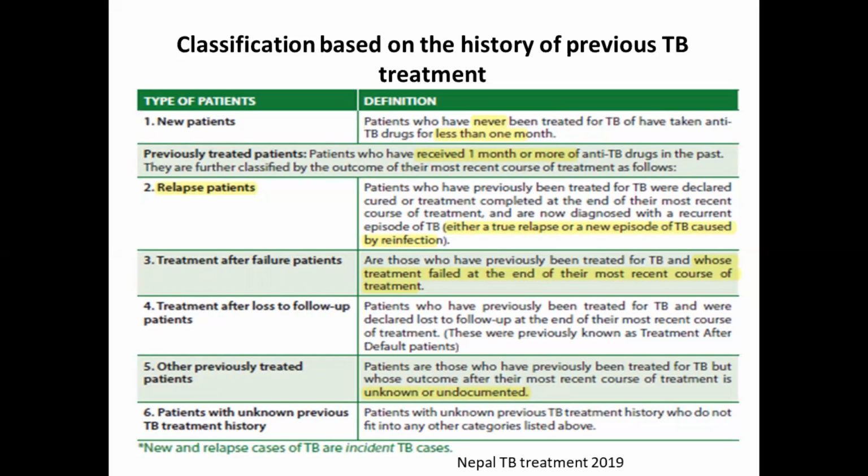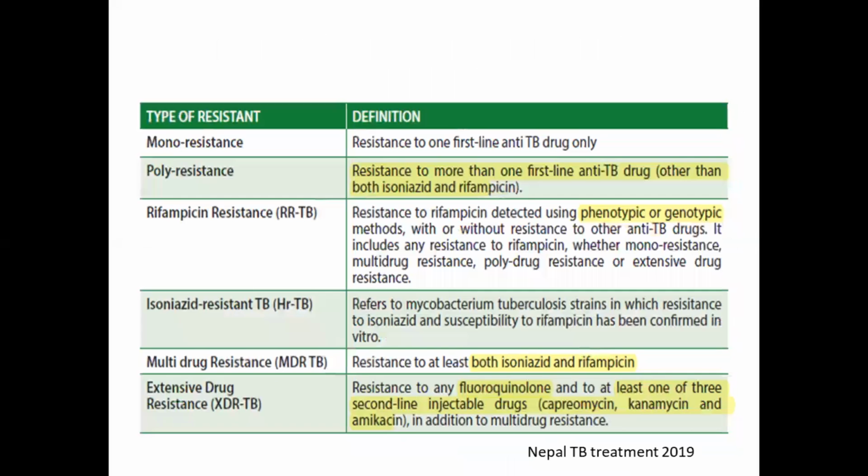All patients who have received antituberculosis drugs in the past for at least 1 month or more, or have already completed the medicine previously, are known as retreatment cases or previously treated patients. And the relapse patient can be either a true relapse or a new episode of TB caused by reinfection. And there are all other definitions you should know.